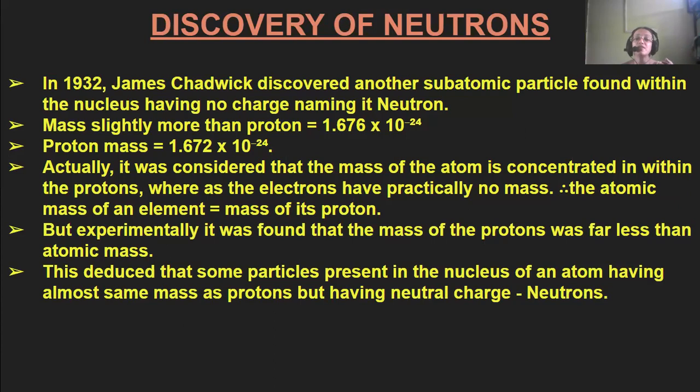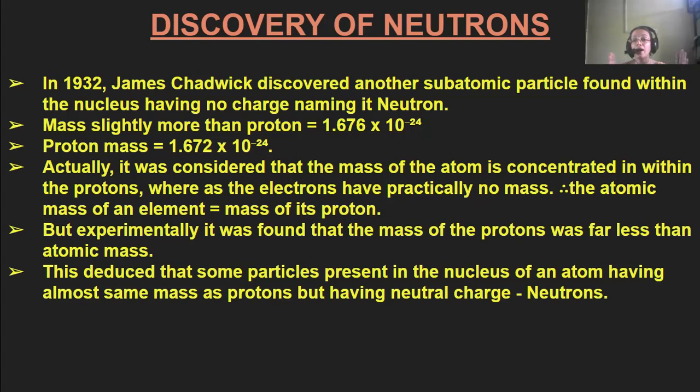Actually it was considered that the mass of the atom is concentrated within the protons, whereas the electrons have practically no mass. Therefore the atomic mass of an element was taken as the mass of its protons. Previously it was considered that the mass of the atom is concentrated within the proton only, and the electrons revolving around the nucleus have practically no mass.